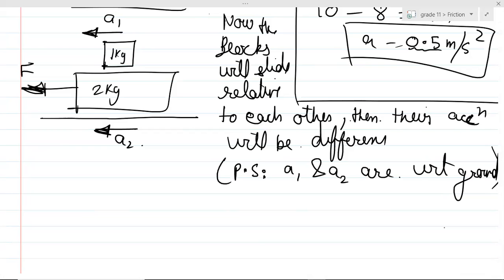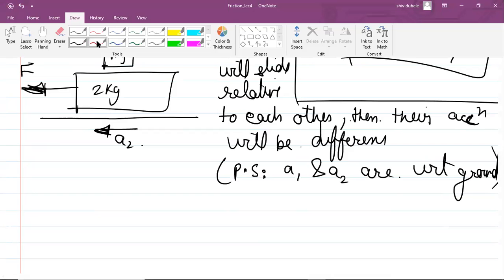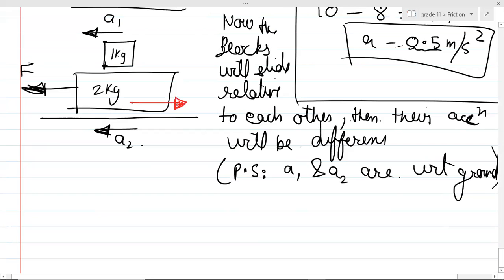Is it clear, guys? Everything is happening in the ground frame. Now, what will be the direction of frictions? This will be the direction of F1, this will be the direction of F2, and this will be the direction of F2. When this force was 30 Newton, can I write this particular thing?